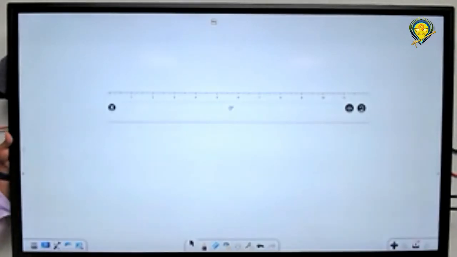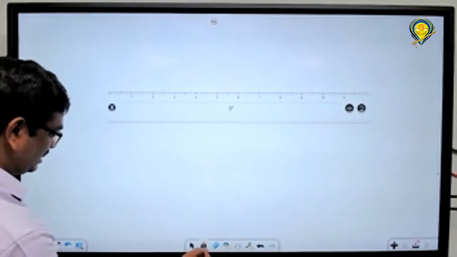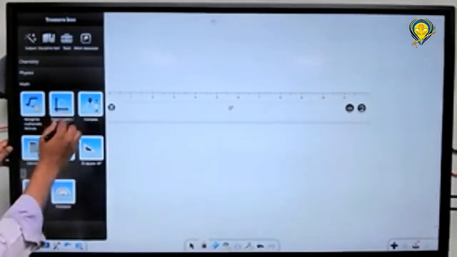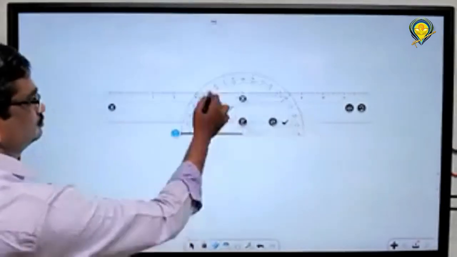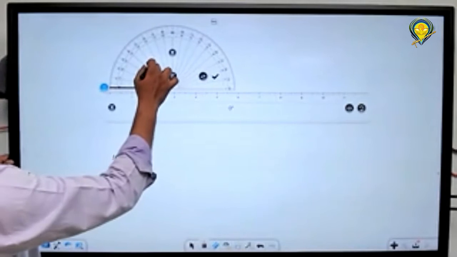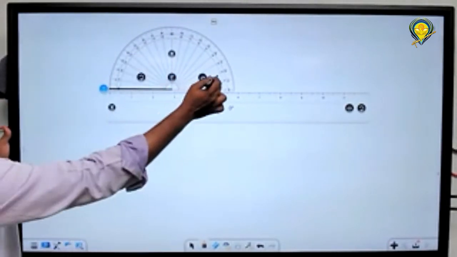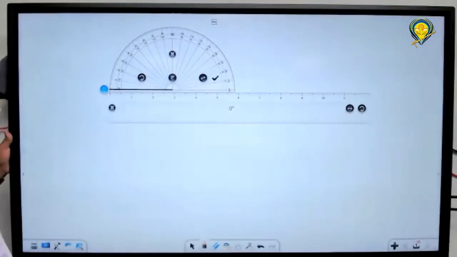So here is a normal scale. For example, I want to measure the length of one object. Now check it once. What is the length of this object? 5.5. So, 5.9.